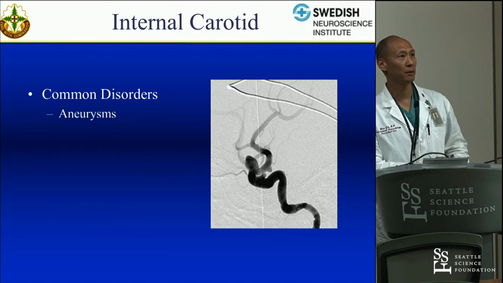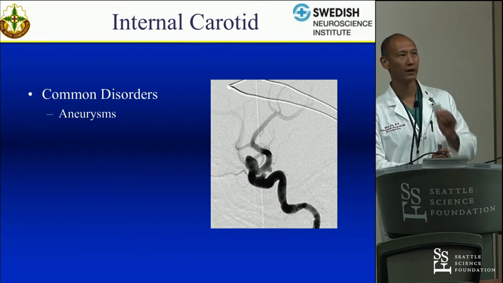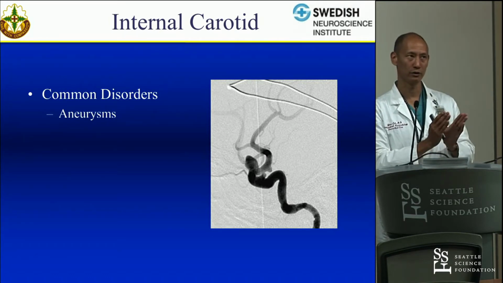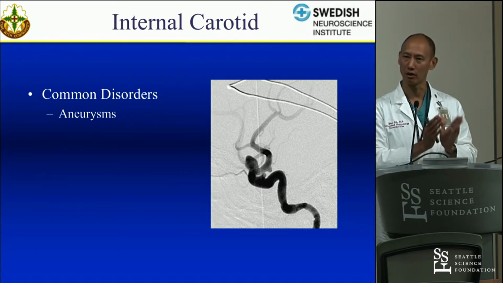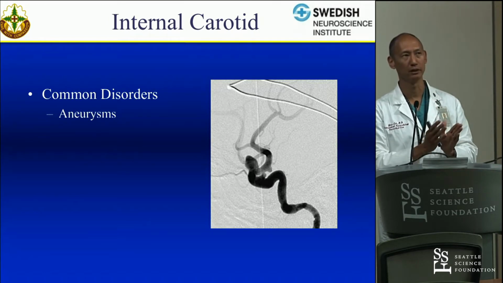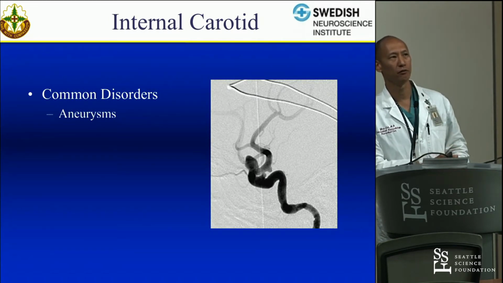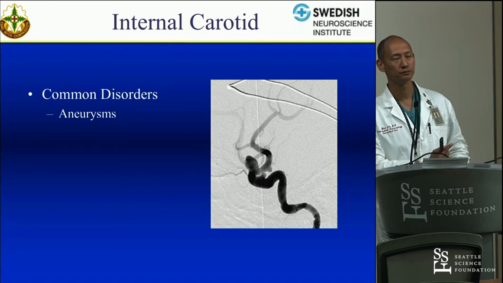Here's a picture of an ophthalmic aneurysm. There are subtypes of ophthalmics, but usually they're not defined necessarily by the ophthalmic artery itself, but by the ophthalmic segment. For relevance for intervention, the type of ophthalmic artery is relevant.